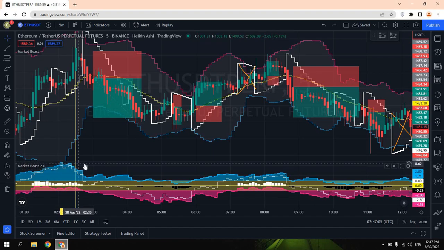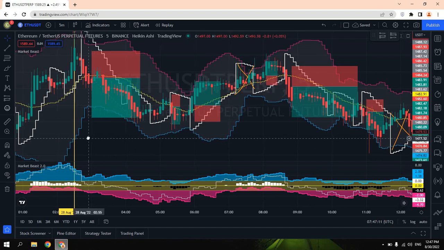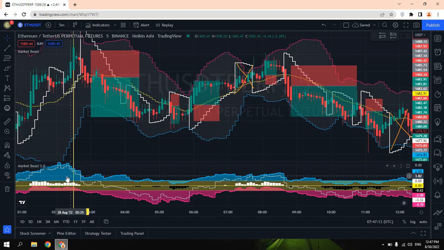This Beast 2.0 is our flow indicator. It will tell us where the market is going to be. Here we can see a blue area which is dark enough, and this pink area is light. It means the market is bullish from around here. Why? Because the blue area is very big here and the pink area is very light.